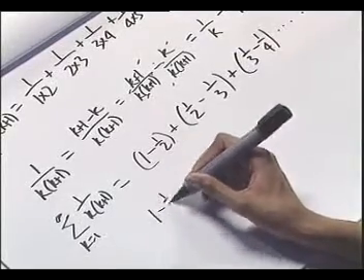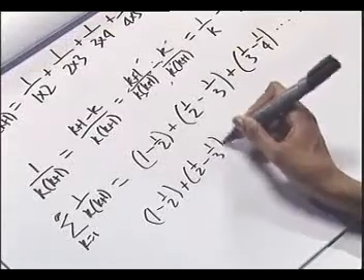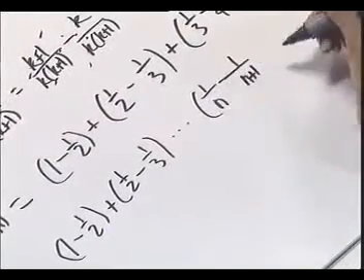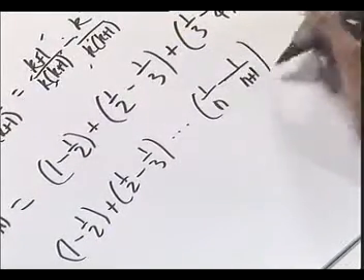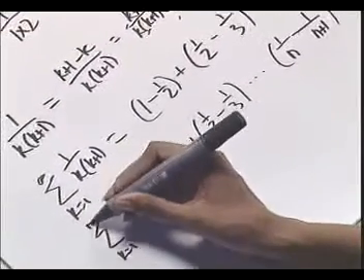So from this we can work out the nth partial sum. The sum of the first n terms is 1 minus a half plus a half minus a third, all the way up to the nth term, which is 1 over n minus 1 over n plus 1. So this is the sum of the first n terms.